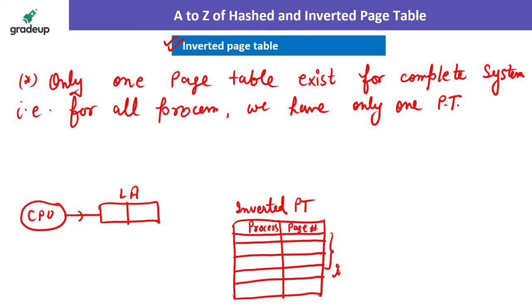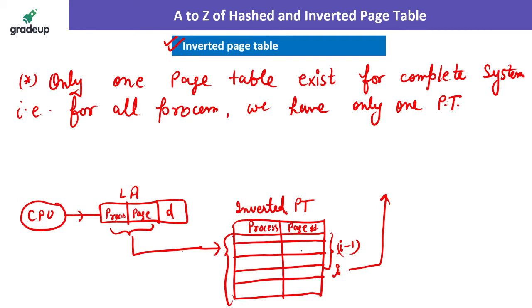For example, this is i, so it will be i minus 1. First of all, this logical address is divided into process ID, page number and one more value, D. I will search the process ID and page number in the inverted page table from here to here.